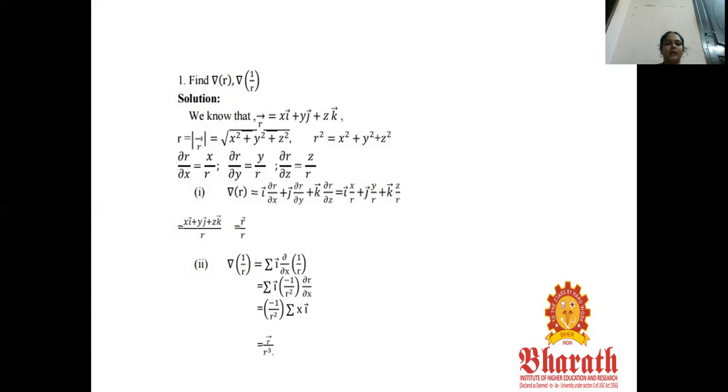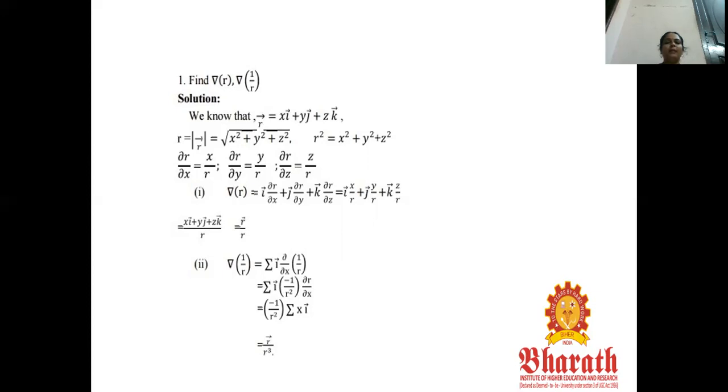Here the denominator is the same, so we can add the numerators. It becomes x i vector plus y j vector plus z k vector, whole by r, which is equal to r vector by r. So del of r is equal to r vector by r.